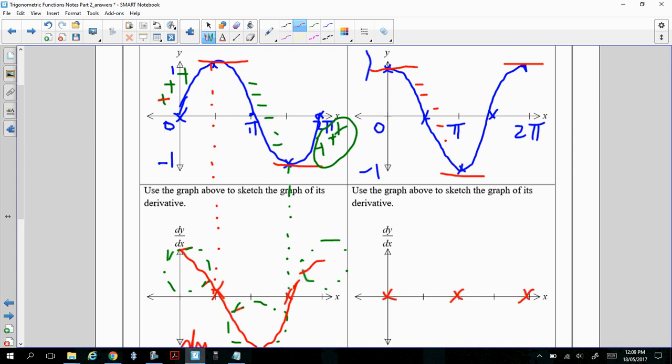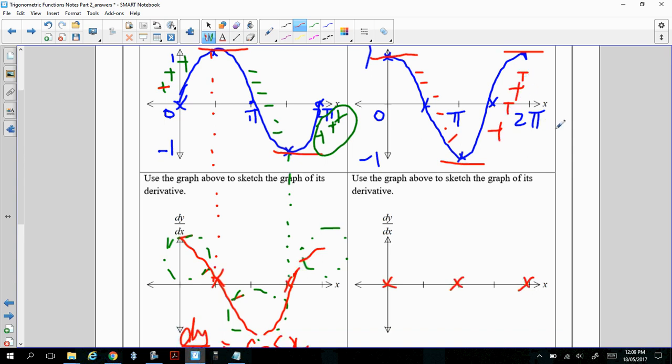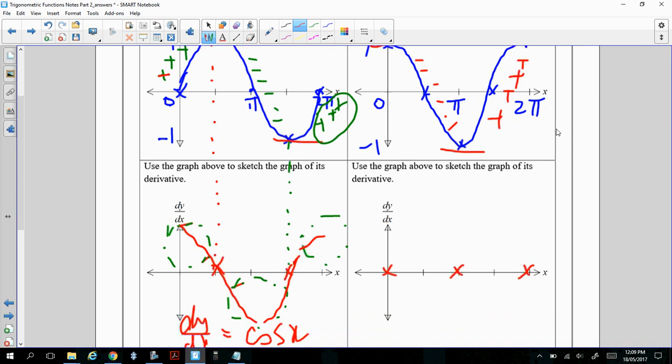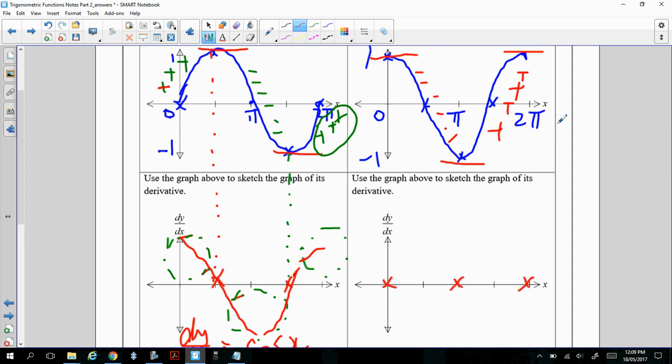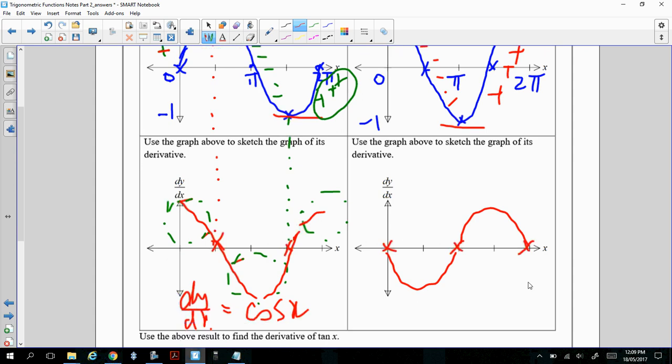This is positive. Negative and then positive. So it's going to look like negative first, below the x-axis, then positive above the x-axis. Look at that. What graph does it look like? Negative sine, yeah.